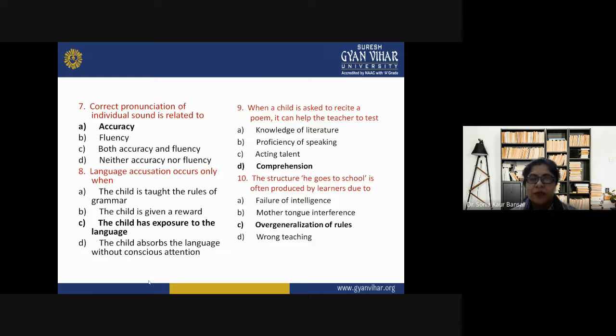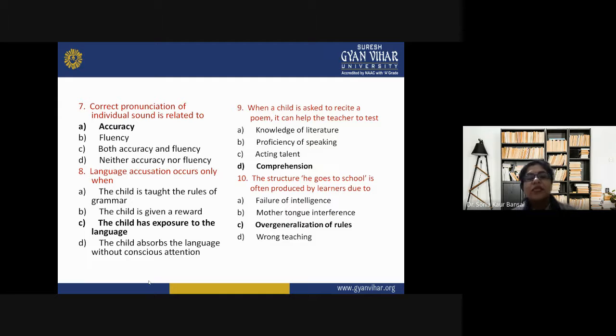Suppose you are speaking a word, examination. I speak it, examination. So this is accurate. But if I'm taking time, it doesn't matter, correct pronunciation is important. Fluency is just taking it in that way, examination. So even this is fine.